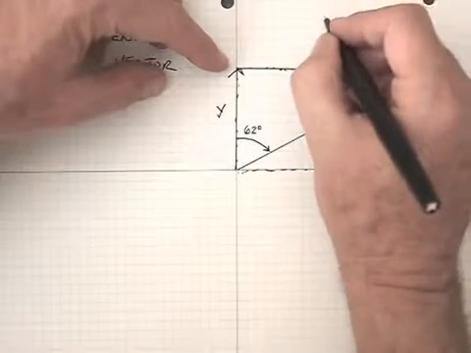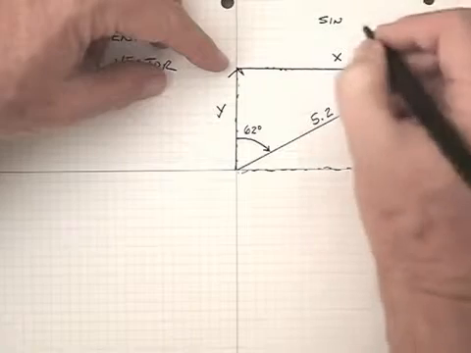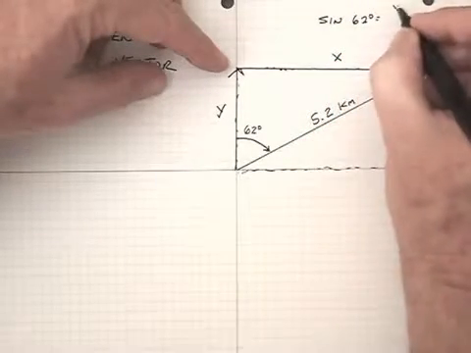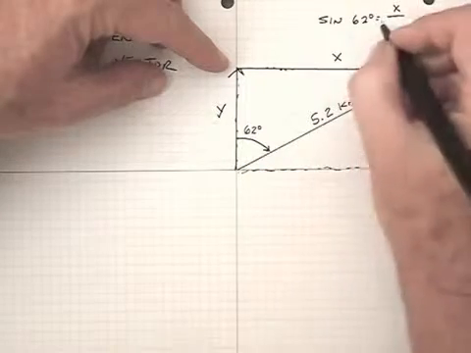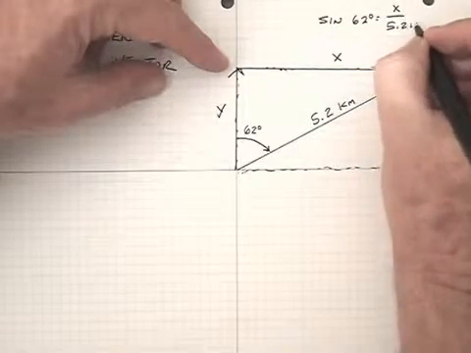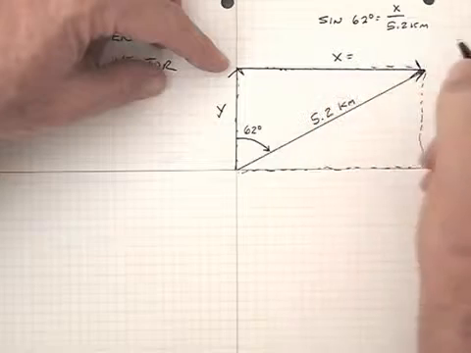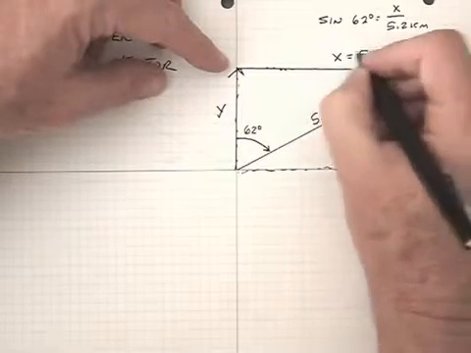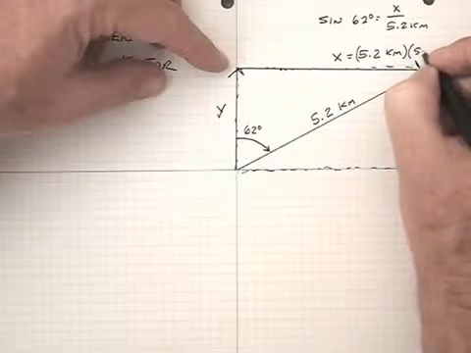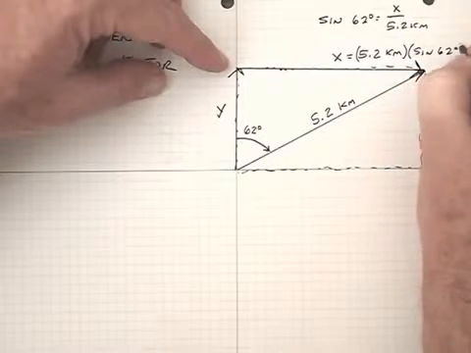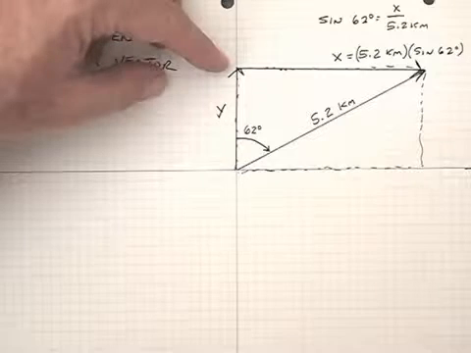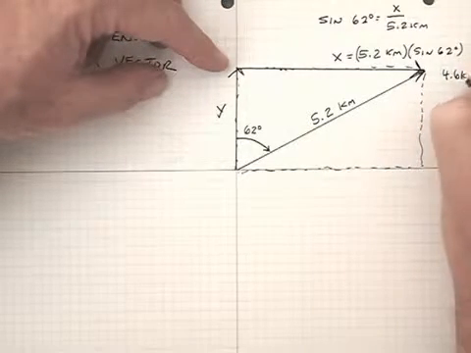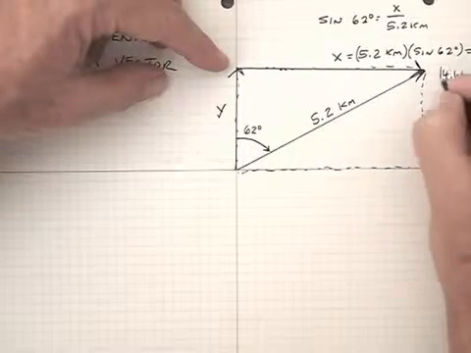And since the sine of 62 degrees is equal to the opposite side, x, over the hypotenuse, 5.2 kilometers, then x is going to be equal to 5.2 kilometers multiplied by the sine of 62 degrees, and that turns out to be 4.6 kilometers after we round it off to two significant digits.